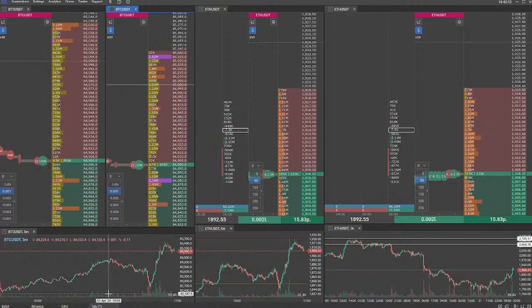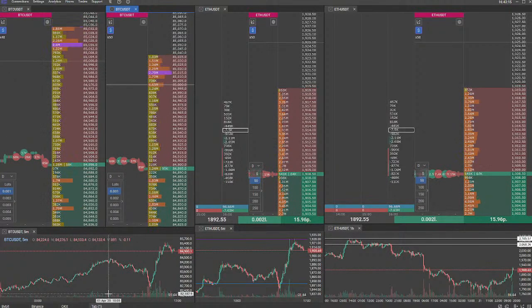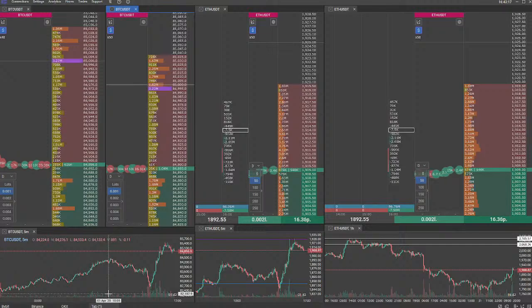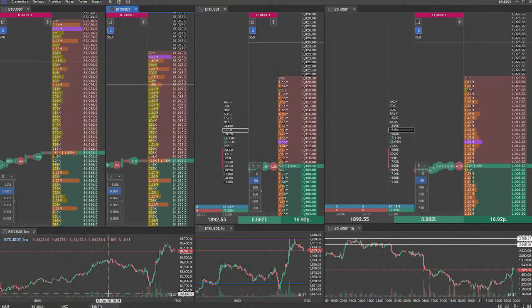So, as you can see the speed on the tape, somebody's taking out liquidity. Somebody grabbed some liquidity, okay. But let's see if somebody defends.